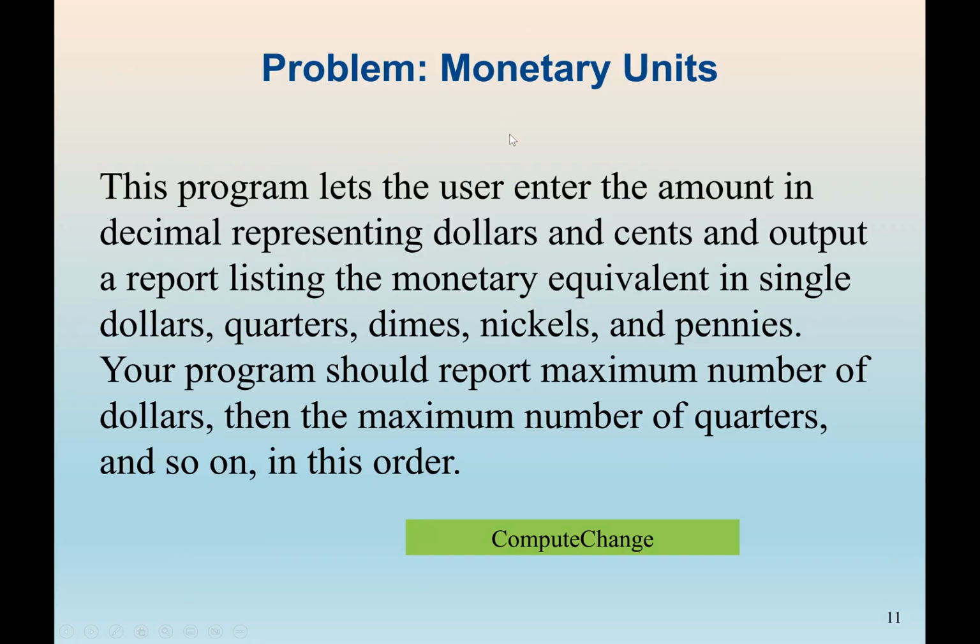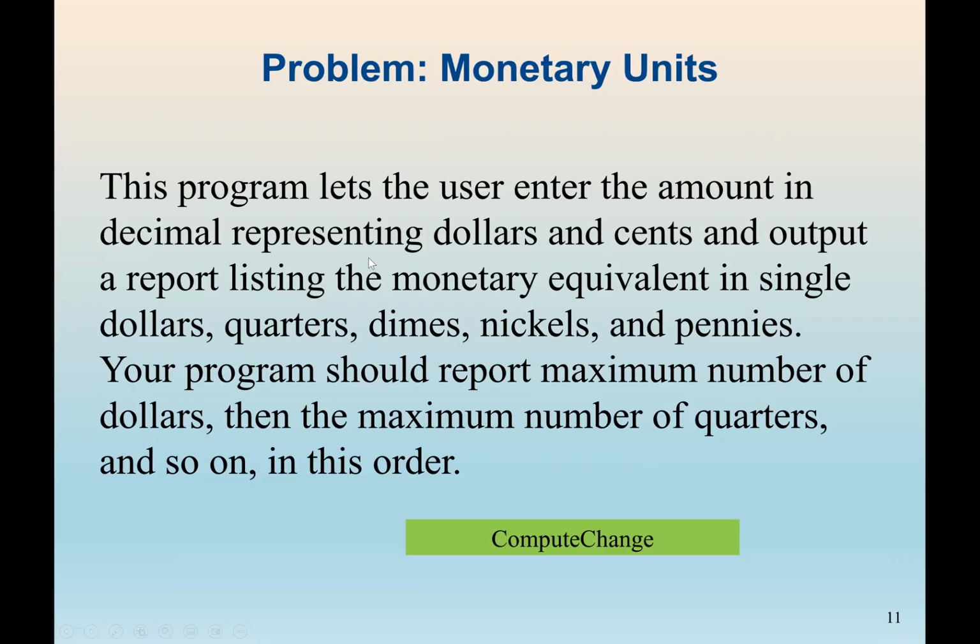So let's see an example of how C++ uses the arithmetic operations and also the variables. In this program, we will let the user enter an amount in decimal, which will represent dollars and cents. Then we are going to output a report listing the monetary equivalent in single dollars, quarters, dimes, nickels and pennies.